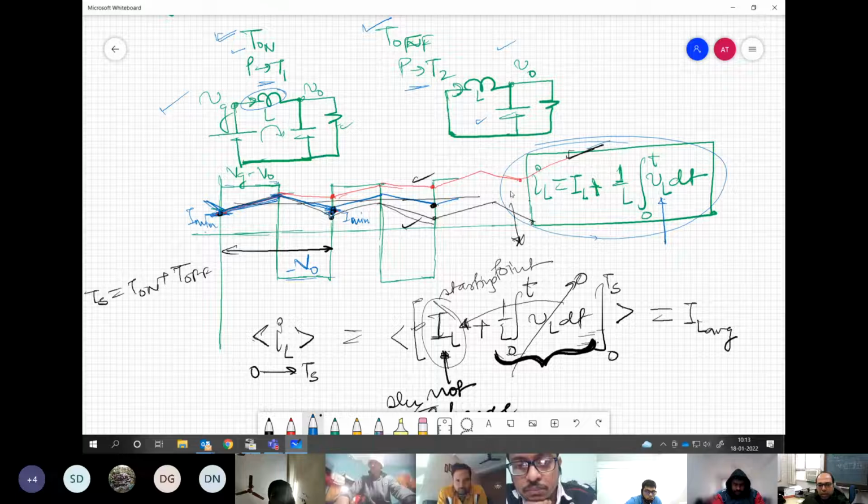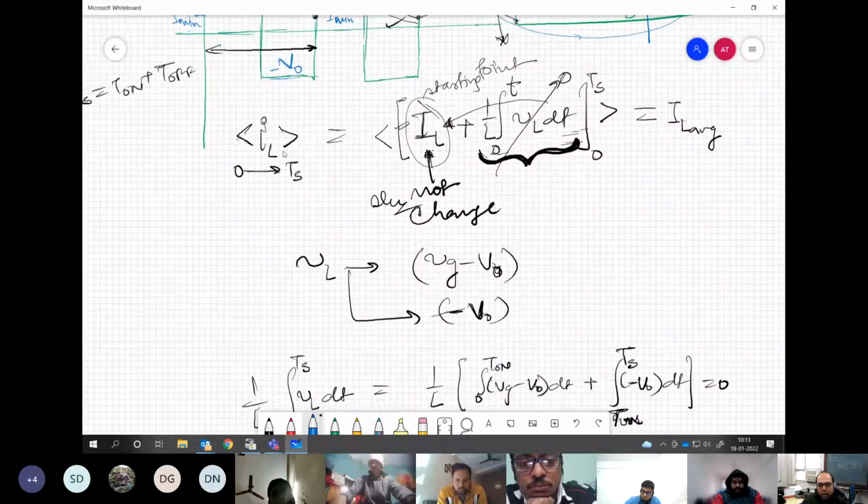So either of the conditions is not good. So what we must do is make sure that this current is starting and ending at the same point, which means if we see from the inductor current equation, the average current inserted due to this component should be zero. Then only the I min can come back to I min.